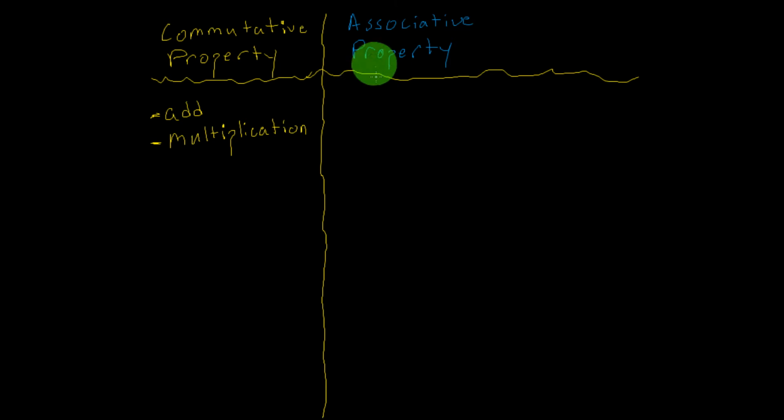And this one, again, some people call it the associative property of addition or multiplication. So I'm going to put that you can either add or multiply here. And then I'll come back to this one as well. I'm going to move forward to the next one in just one second. Let's go ahead and finish off our table.